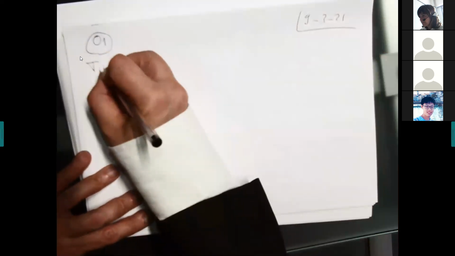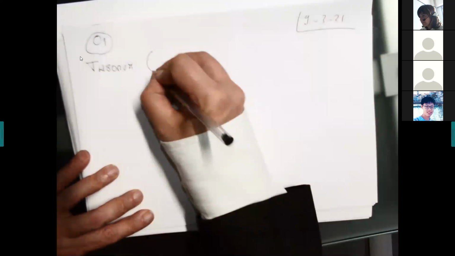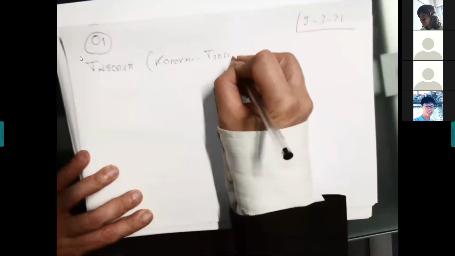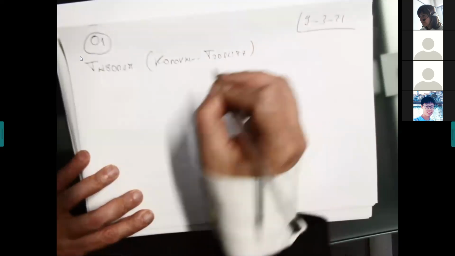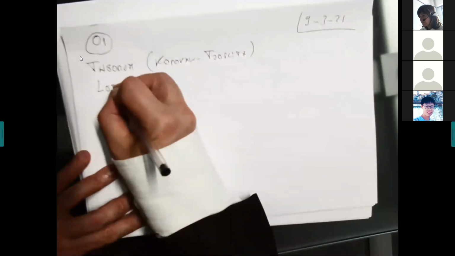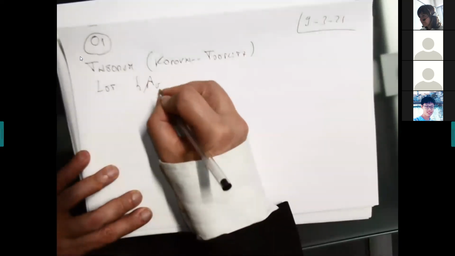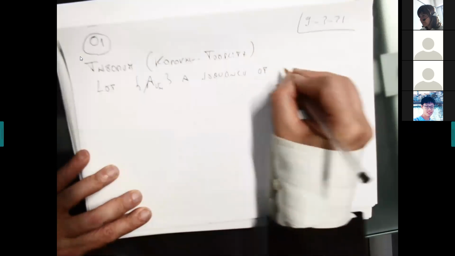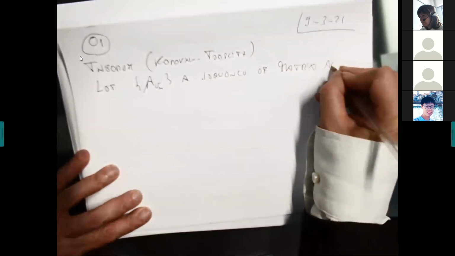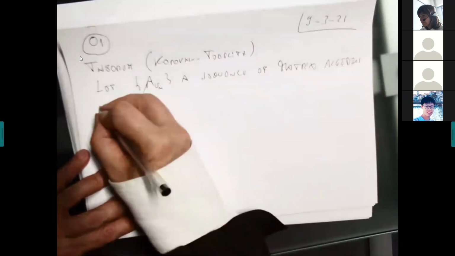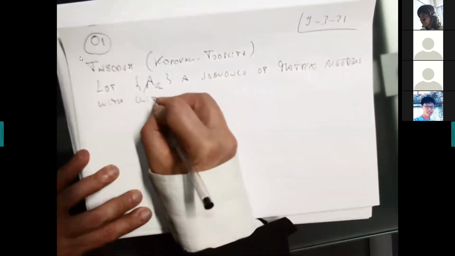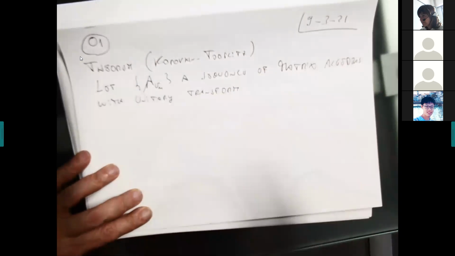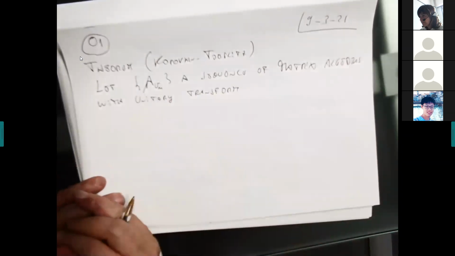So, theorem. Let A_UN be a sequence of matrix algebras with unitary transform. So growing n, it can be a sequence of circulants.